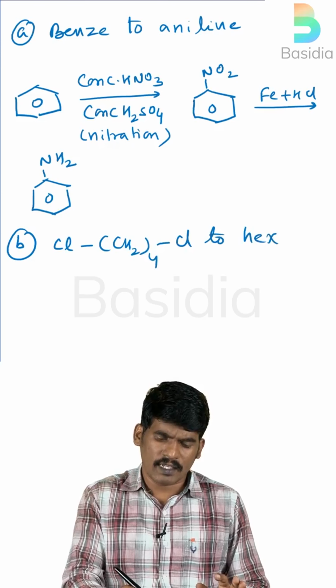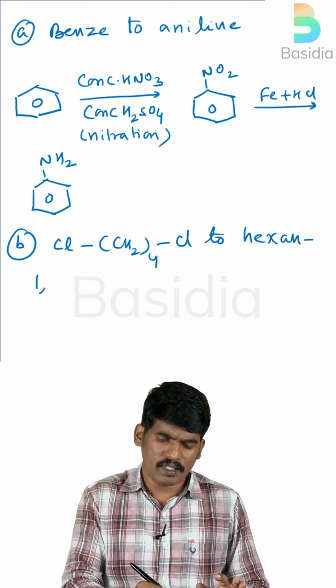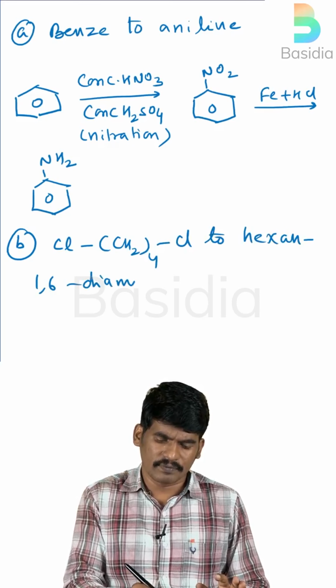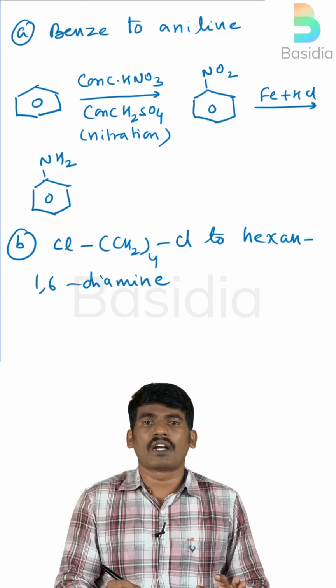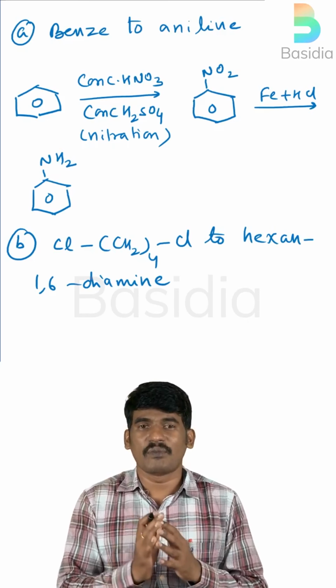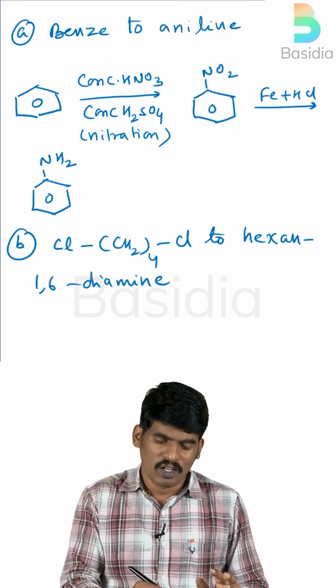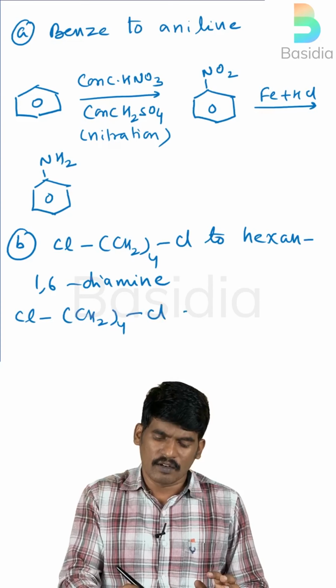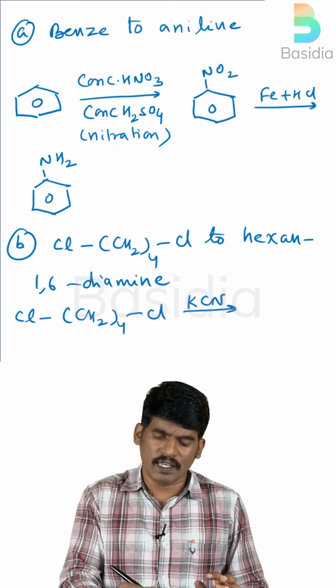Next we have Cl(CH2)4Cl to hexane-1,6-diamine. How do you convert this? Conversions are very important in organic chemistry, as you know. So Cl, CH2 four times, Cl. First I'll treat it with KCN.